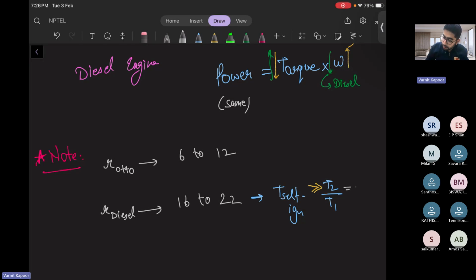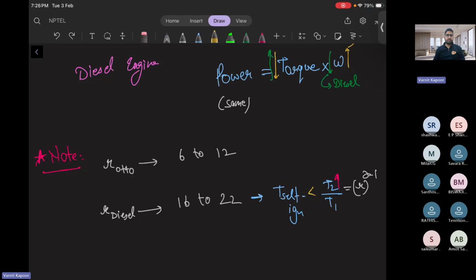T2 by T1 is nothing but R to the power gamma minus 1. If your T2 is high, self ignition is not required. Sorry, not higher, self-ignition temperature will be lower compared to T2.